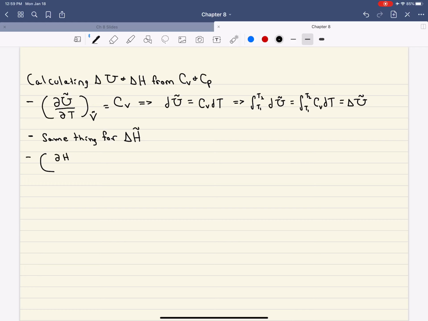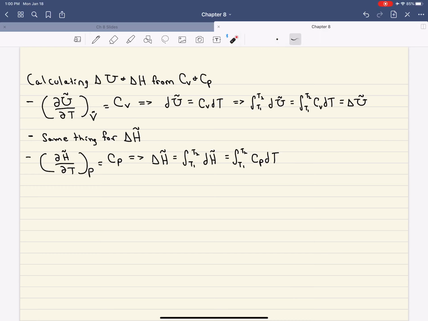If we start with dH/dT at constant P is equal to the constant pressure heat capacity, then our delta H is just going to be equal to the integral with respect to temperature from T1 to T2 of the constant pressure heat capacity. That's all we have to do in order to get delta H.